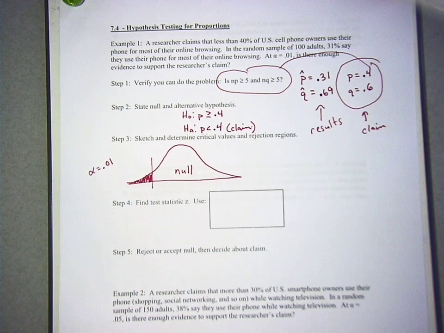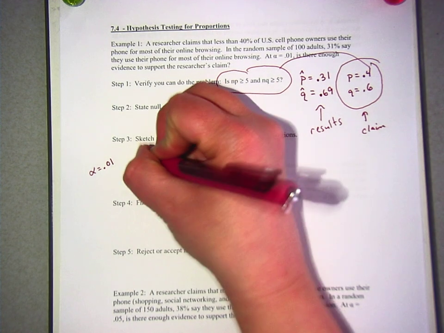So if you look at that A16, A17 page, on the left side, 0.01. So we're looking at 0.01 in the middle of the table, which would be negative 2.33 for a z-score.